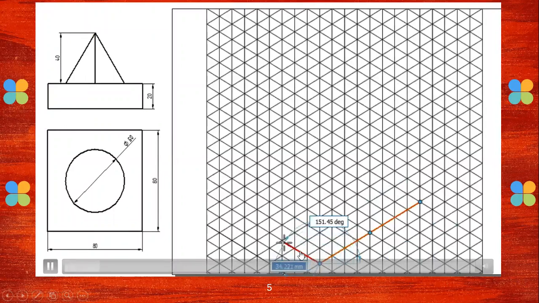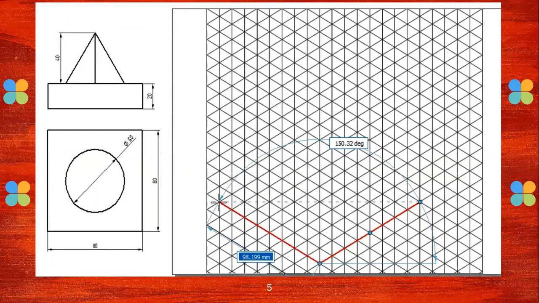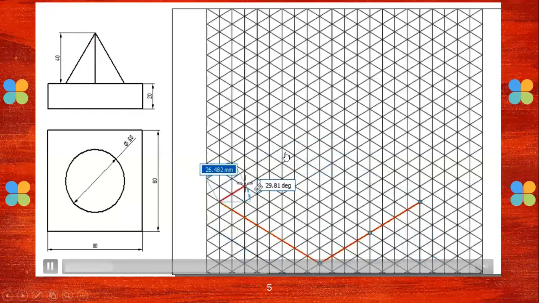Again 8 boxes along the 30 degree inclination line and 8 boxes along the 150 degree inclination line. You have constructed a square base of 80 by 80.